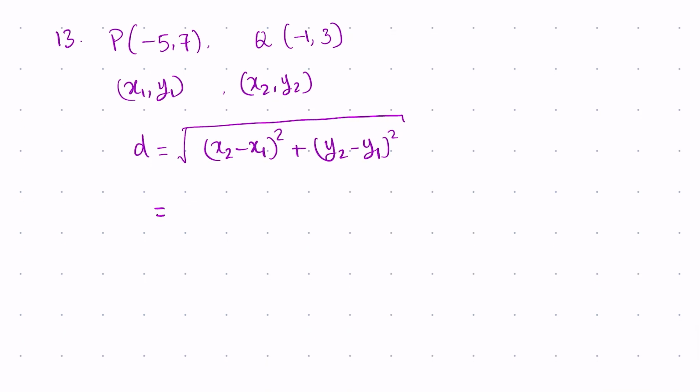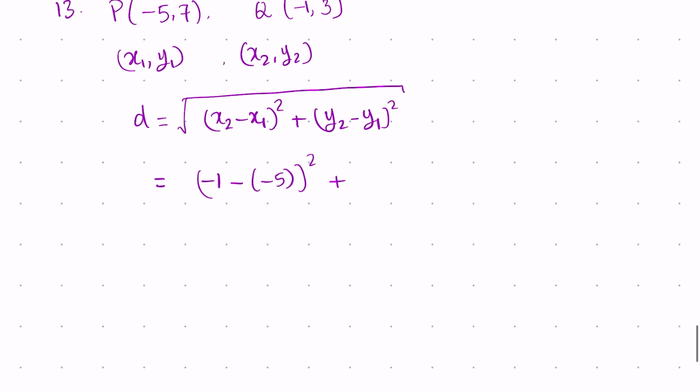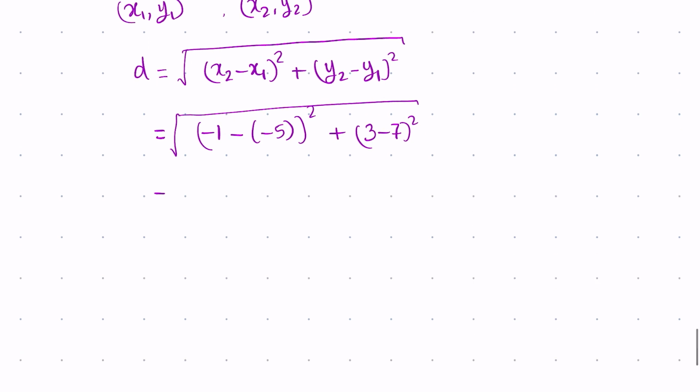So in our case, we substitute the values. So x2 minus x1 is minus 1 minus minus 5, that whole squared, plus y2 minus y1 is 3 minus 7 whole squared, and square root of that. So that's minus 1 plus 5 whole squared plus 3 minus 7 is minus 4 whole squared, and square root of that.